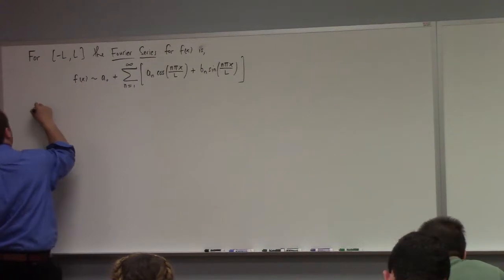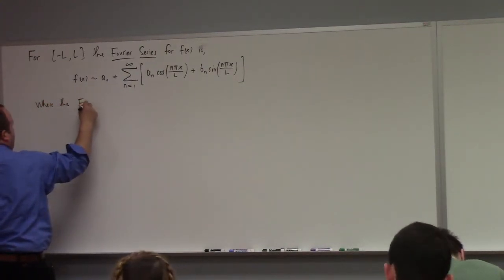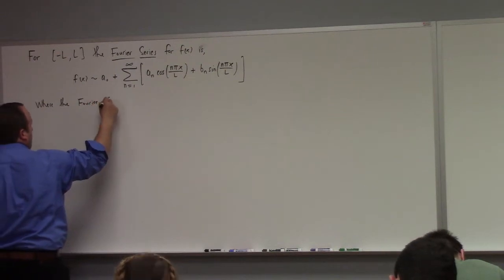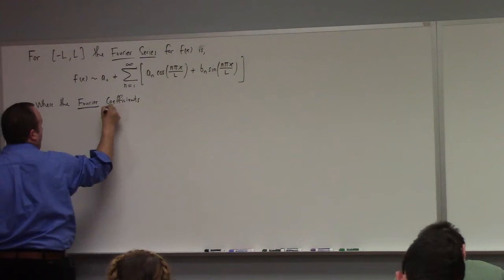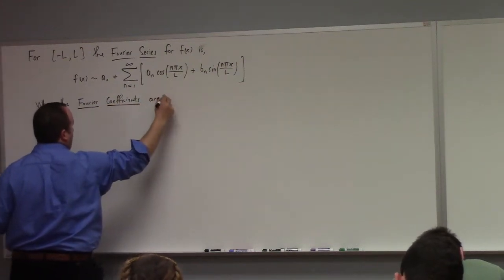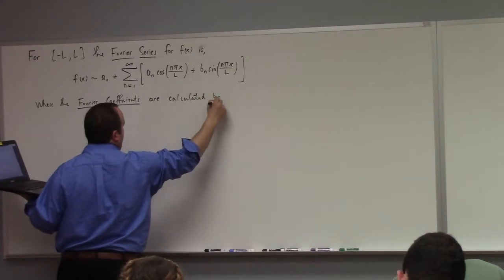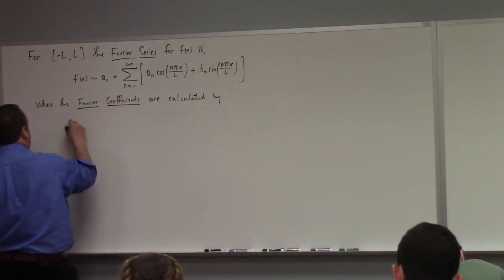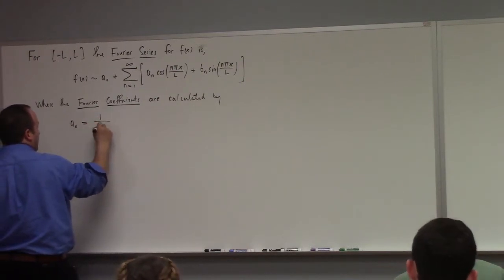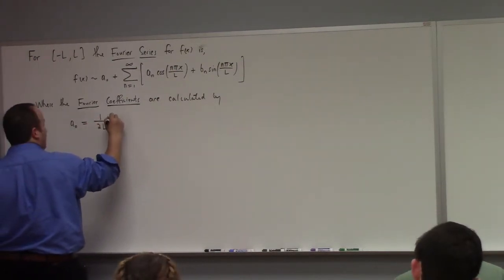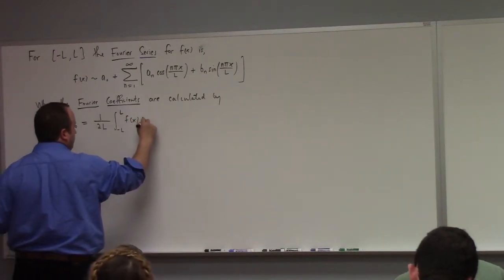where the Fourier coefficients are calculated by, first of all, a sub 0 is 1 over 2L times the integral from minus L to L of f of x dx.